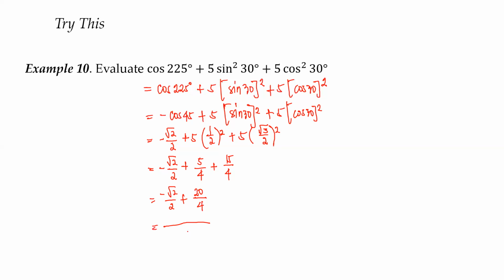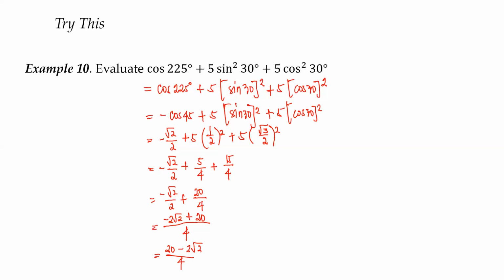So 4 divided by 2 is 2, and 2 times square root of 2 will be 2 square root of 2. So this is negative 2 square root of 2 plus 20. We don't usually start with a negative sign, and we also don't usually start with a radical sign. We start with a whole number. So that is 20 minus 2 square root of 2 over 4.